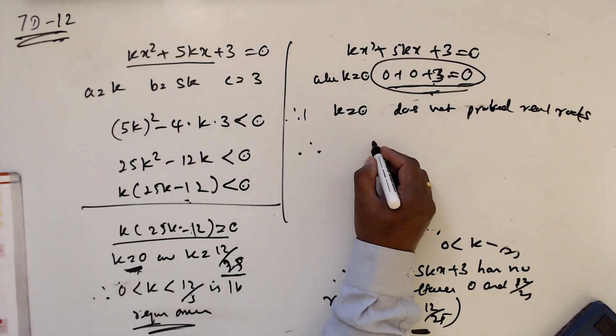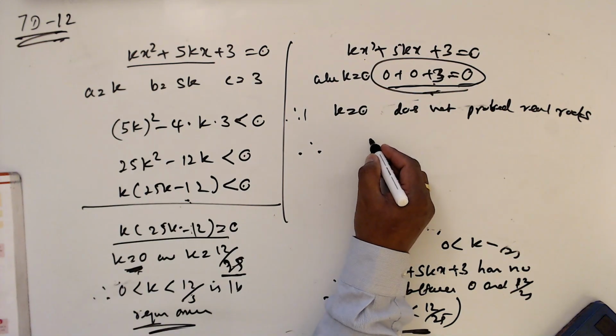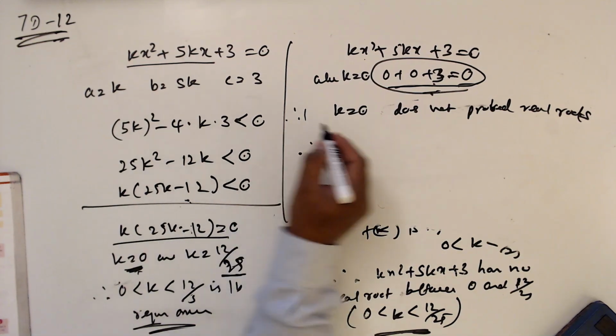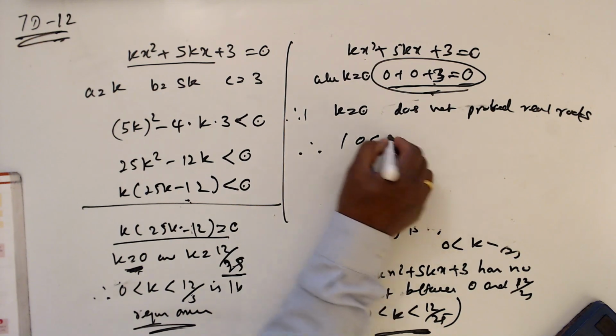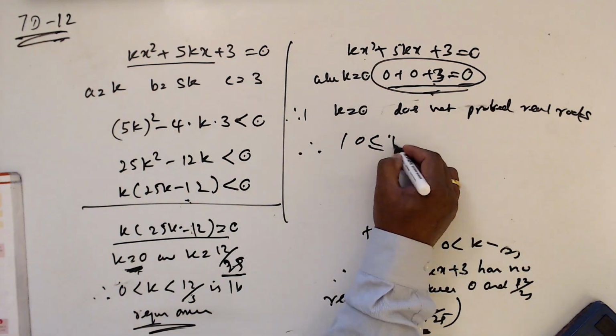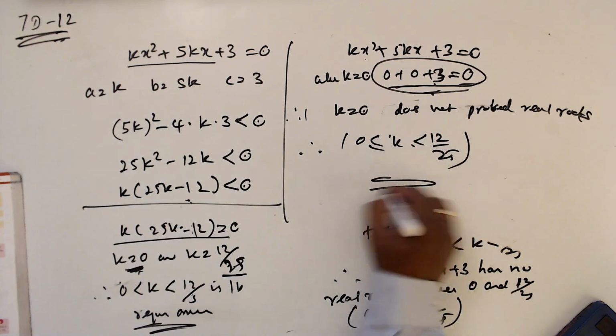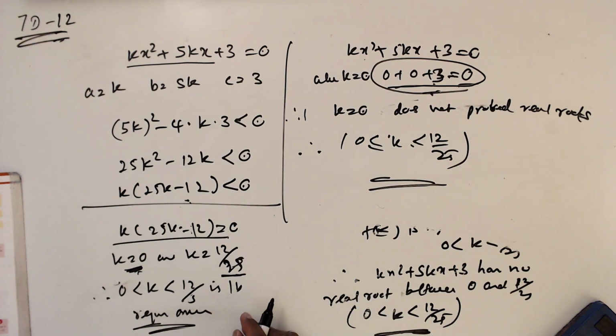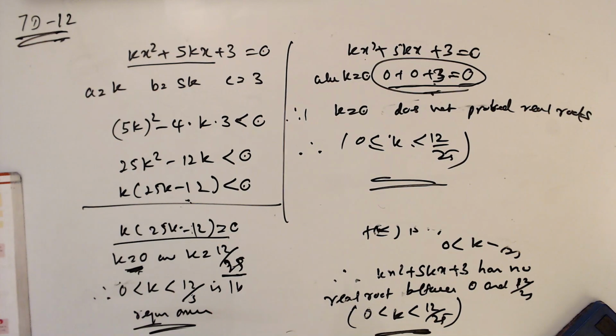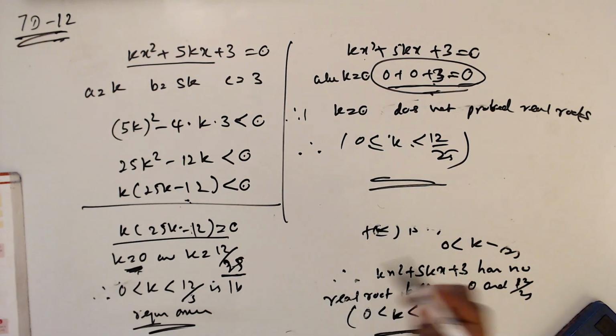Hence the answer is 0 ≤ k < 12/25. In my previous discussion also, you have to consider that k equals 0.